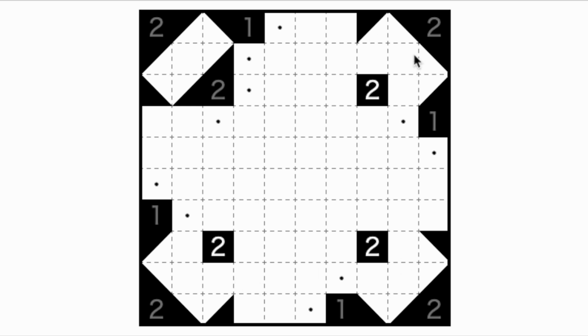Now we could do the same thing in the other three, but I'm going to work on this corner to see if there's anything else I can talk about of some logic patterns we can explore. Right here, we've got two unshaded cells that are touching at a corner, and we know that they're not part of the same rectangle because this cell right here is shaded.